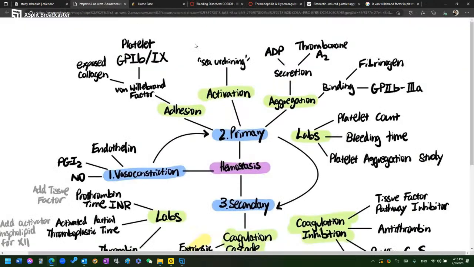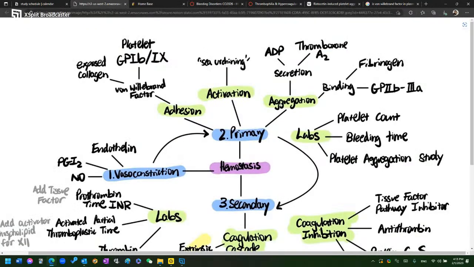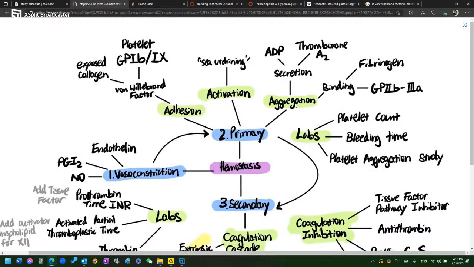That's not right either. Maybe the way that it works is that ristocetin works through adhesion, right? So if adhesion doesn't work, ristocetin doesn't work. But Glanzmann has normal adhesion. It has abnormal aggregation, but it has normal adhesion. So it will clot. Meanwhile, these ones over here cause clotting by favoring aggregation.